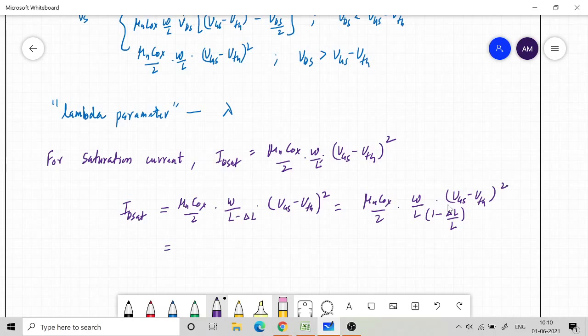Now let us write delta L by L. This is the fractional change of the length. For long channel devices, delta L by L may be negligible. This effect is more prominent when the denominator is smaller, which is why we consider the fractional change.